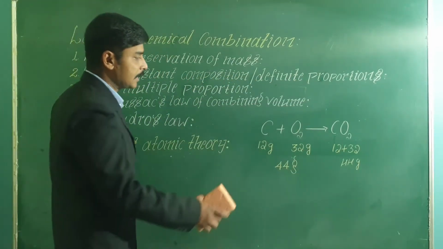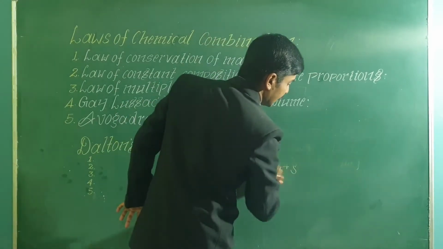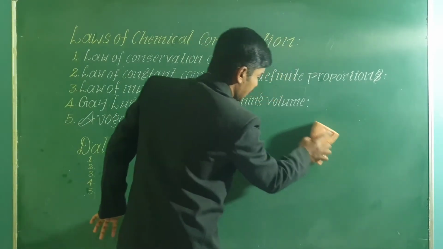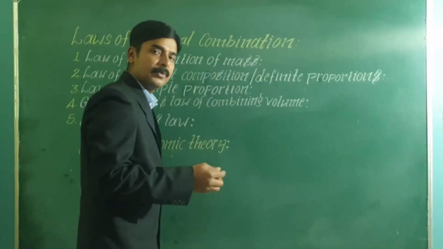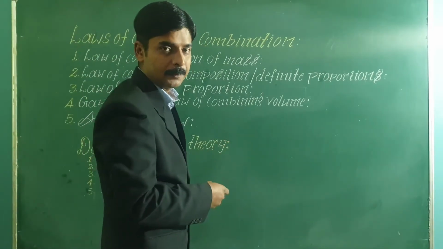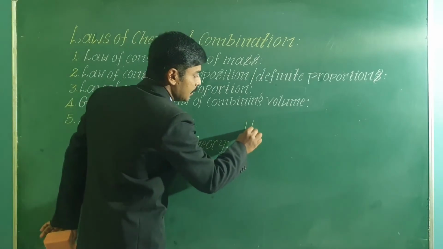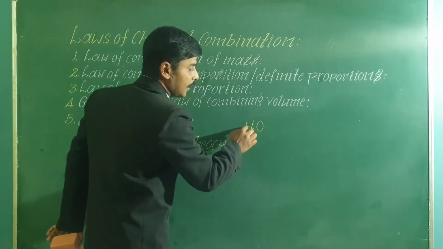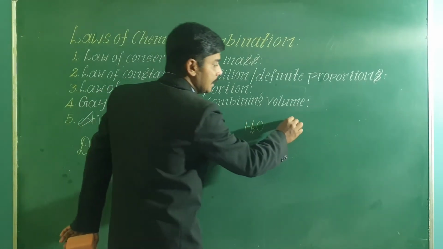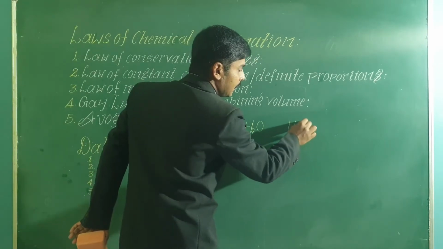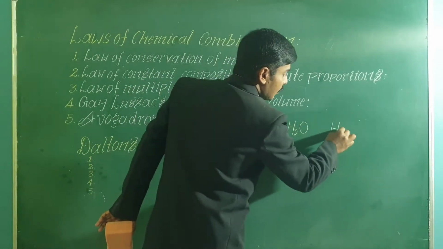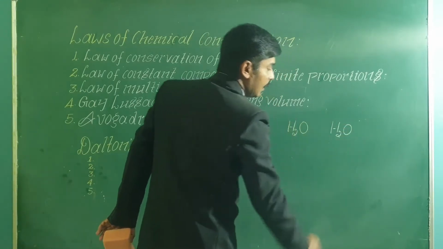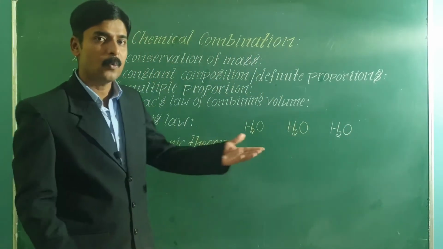Okay. The second law is the law of constant composition or law of definite proportion. Let us try to understand this law by taking an example. Let us collect water from different sources. Let me assume that this is the water that I have collected from a tap, this is the sample of water that I have collected from a river, and this is another sample of water that I have collected from a well.